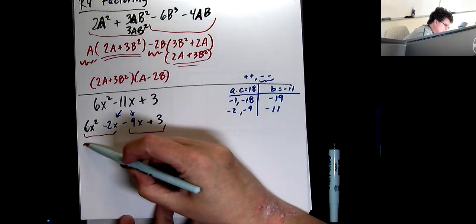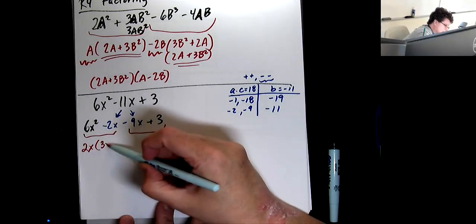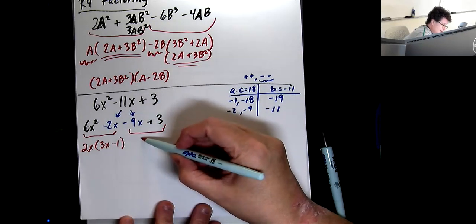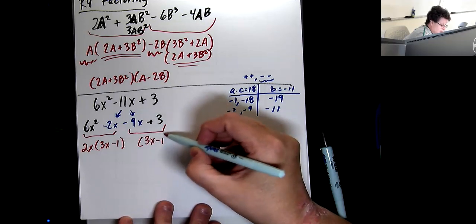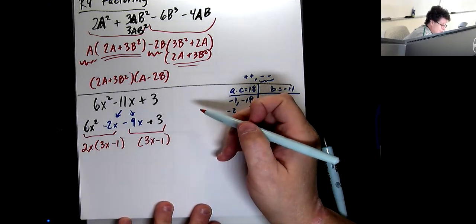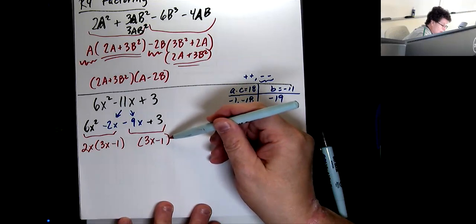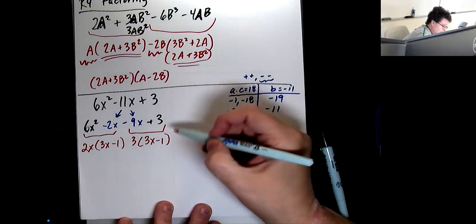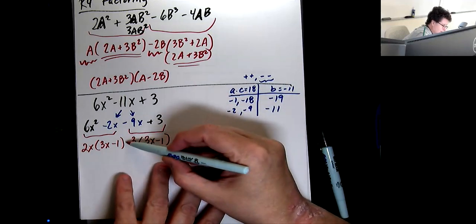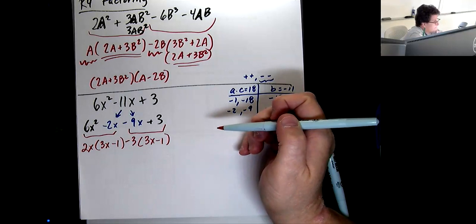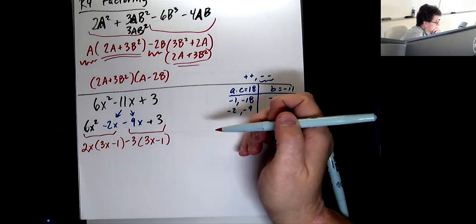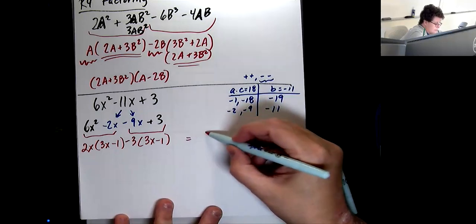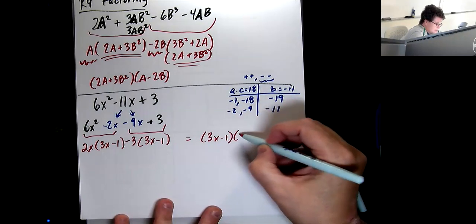A 2x comes out of this, and we're left with 3x minus 1. And it should have another 3x minus 1 here. To get a 3x minus 1, I need to factor out a 3, but to get the right parentheses, I need to factor out a negative 3. Finally, we end up with 3x minus 1 and 2x minus 3.